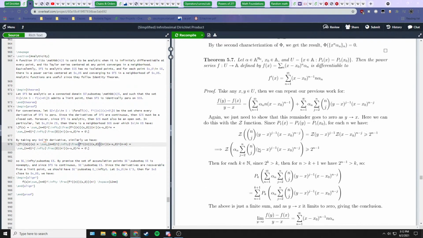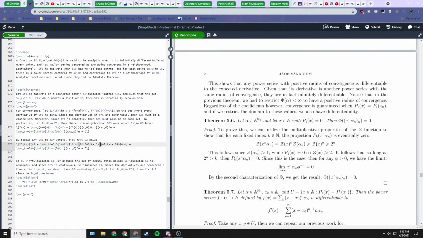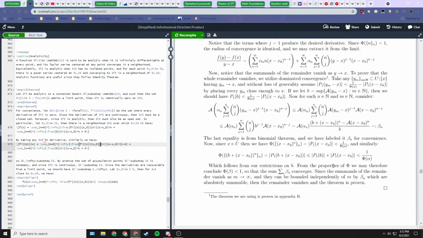We had a formula for this, for repeated derivatives. I don't want to do it again.